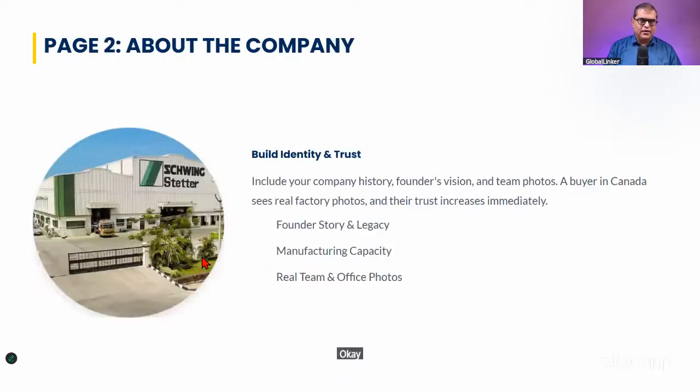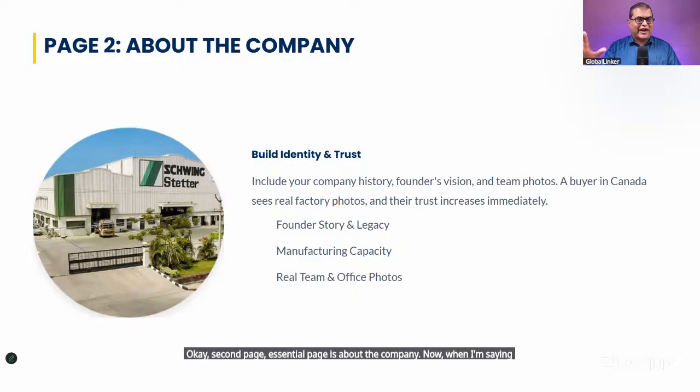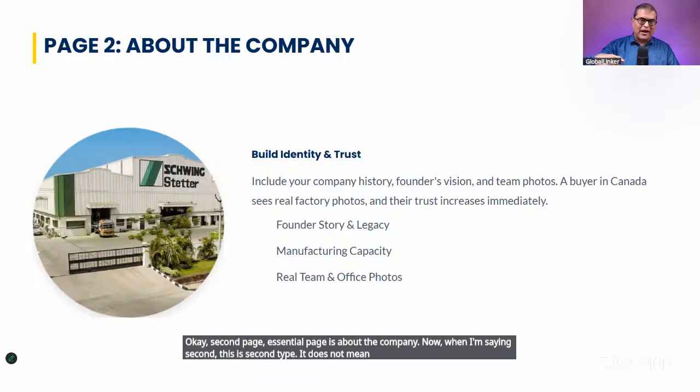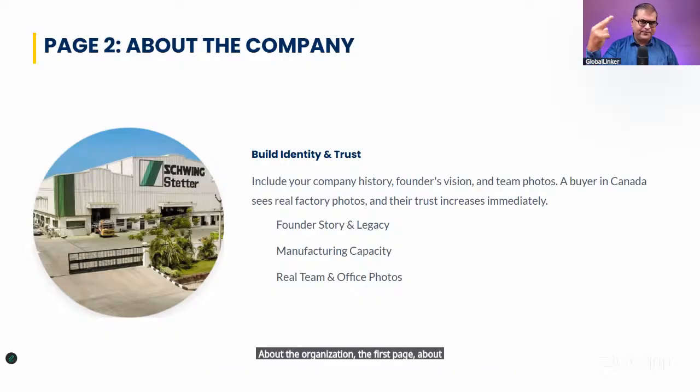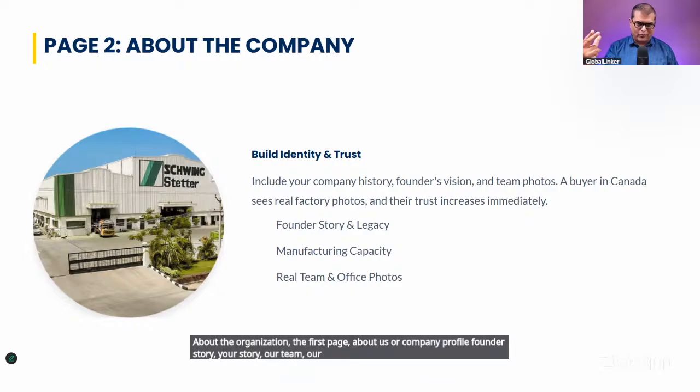Okay. The second essential page is about the company. Now, when I'm saying second, this is the second type. It does not mean you can't have multiple pages. Ideally, you can create 4-5 pages under about the company. So about the organization: the first page, about us or company profile, founder story, your story, our team, or management story, whatever you would want to call it.